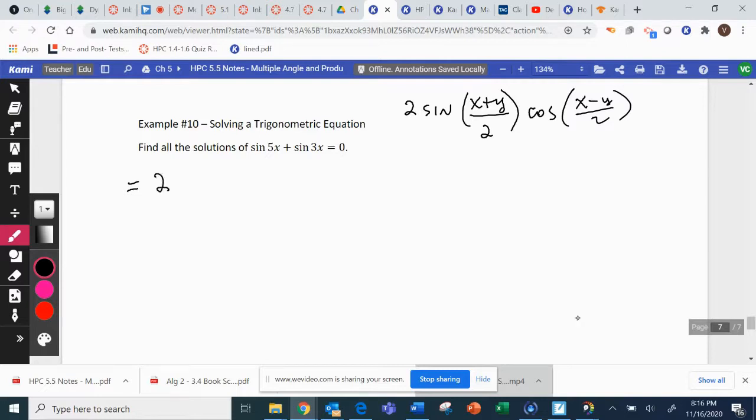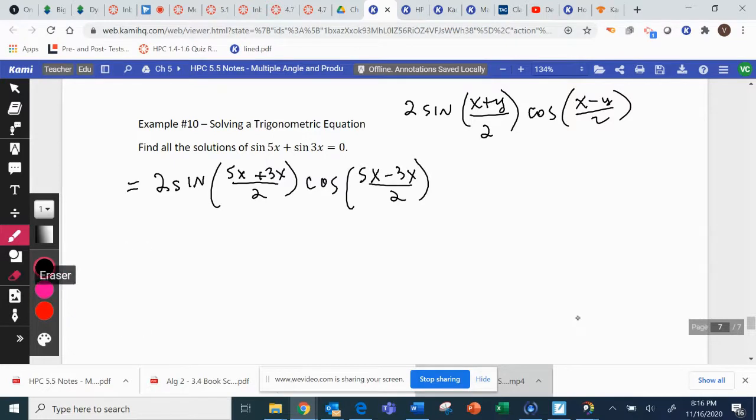So we will have 2 sine of 5x plus 3x over 2, and then cosine of 5x minus 3x over 2, and that equals 0.